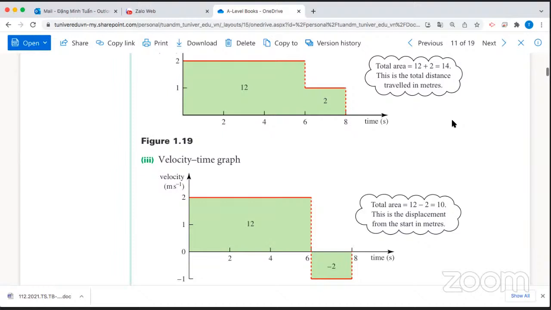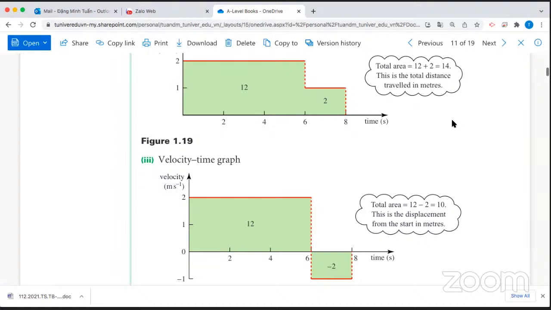Unlike speed, where you get the total, with velocity you get the displacement, the distance from the initial point to the final point. In this case we are talking about velocity, which means we have positive and negative, right? Yeah.